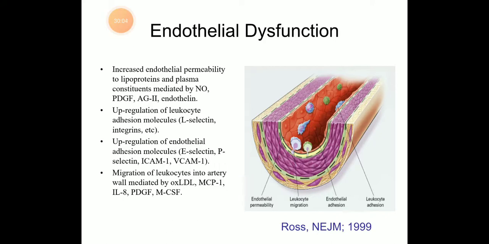So here you see endothelial permeability to lipoproteins and plasma mediated by NO and endothelin, upregulation of leukocyte adhesion molecules, upregulation of endothelial adhesion molecules, and ultimately migration of leukocytes into the artery.